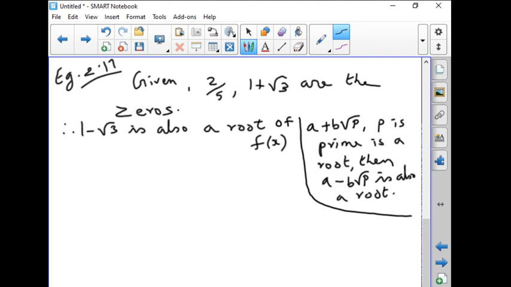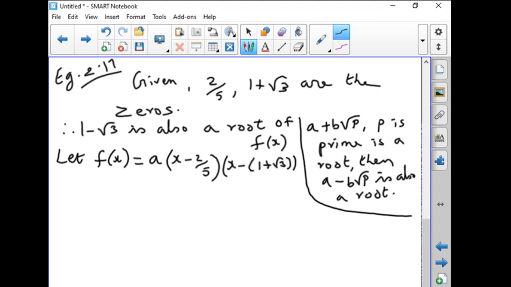So, let f of x is equal to a into, say a is a constant. In the previous example we have taken d, before we have taken k, so here we are taking a. Anything can be taken. So, a into x minus 2 by 5 into x minus 1 plus root 3 into x minus 1 minus root 3.